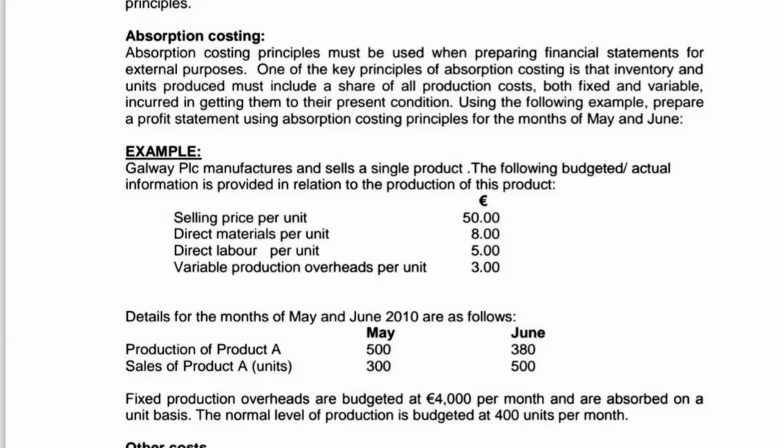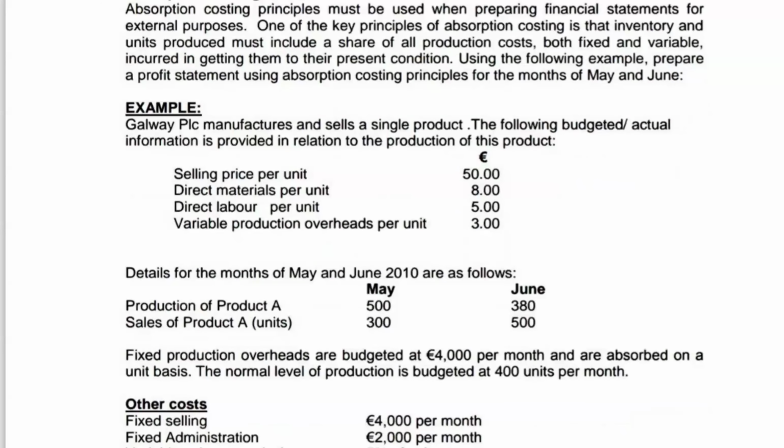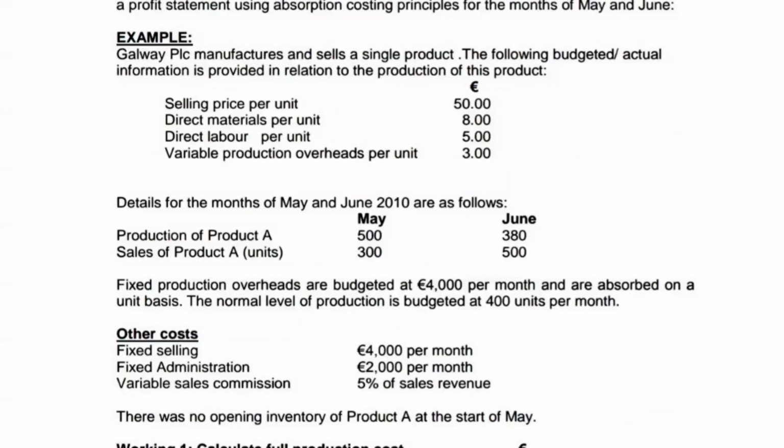And the normal level of production is budgeted at 4,000. Then we are told that there is no opening inventory for the month of May. But since we are looking at the month of June, there will be an opening inventory for June. The same closing inventory that we had in the previous month, that is in May, shall be our opening inventory in the new month.